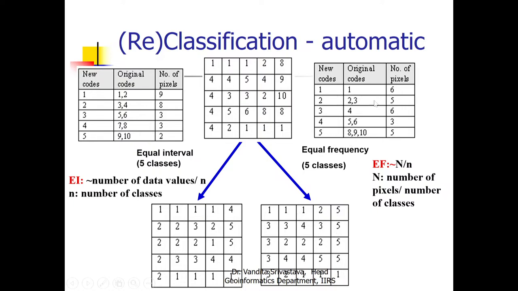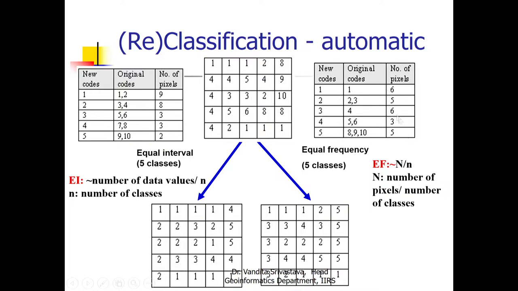Now 2 and 3 are merged together, because the second class has got 1, 2 and 3 pixels or data values, and the third one has got 2. So 3 plus 2 becomes 5. So we have roughly better representation of each class in this equal frequency classification than in equal interval classification.